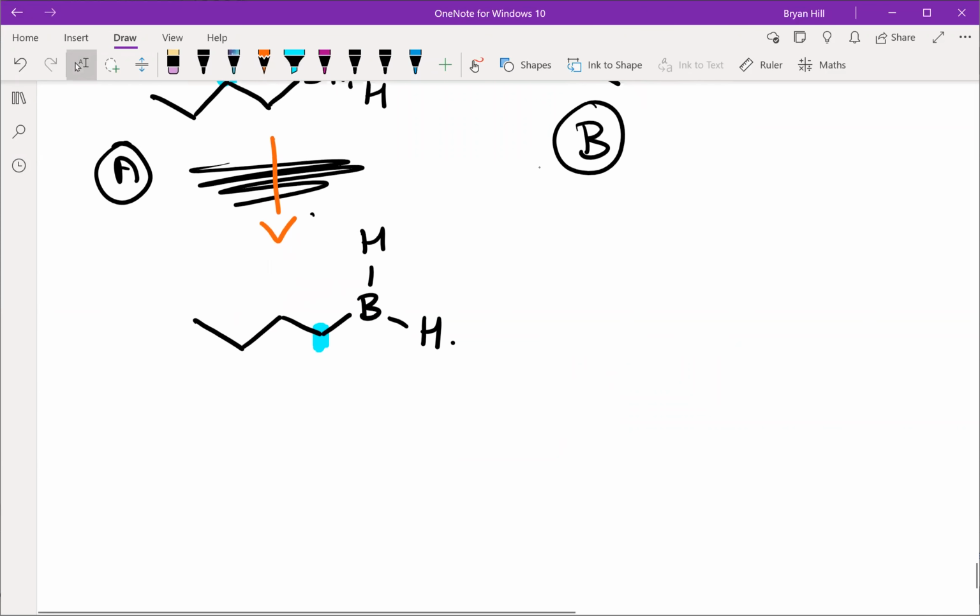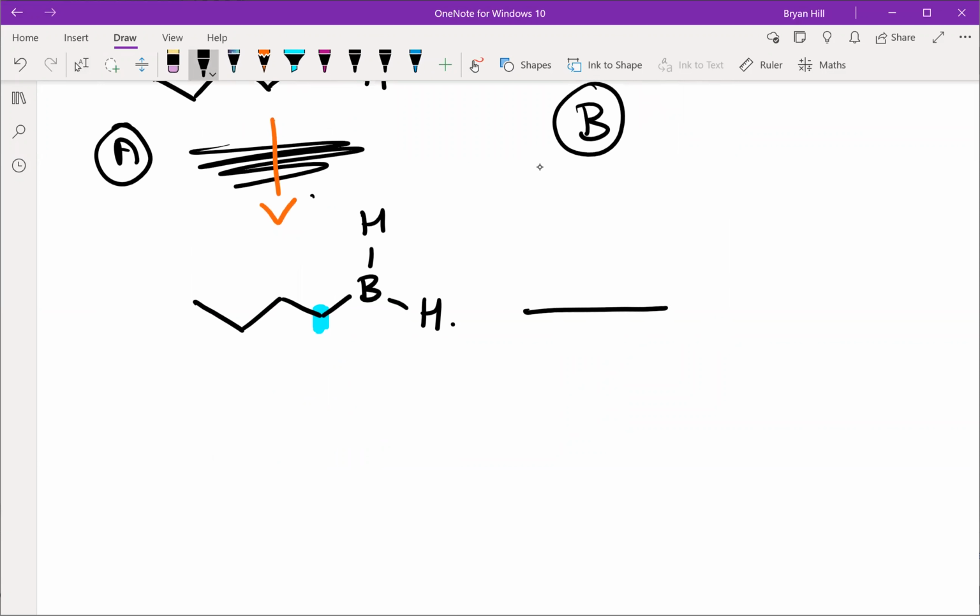Now, the second step in this reaction is, actually, before I do that, as you will notice, the boron has got 2 other hydrogen atoms attached to it.